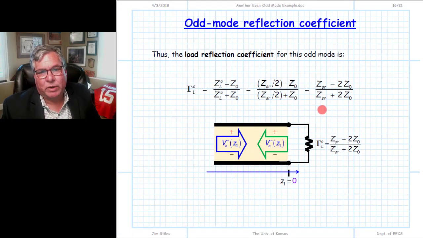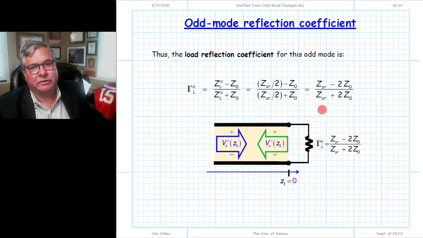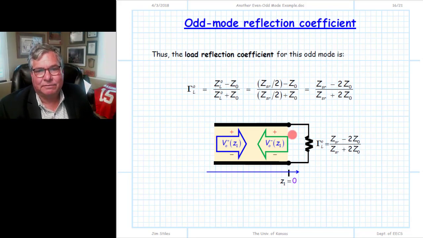So we need to determine the load reflection coefficient for this odd mode case. For the even mode, it was an open circuit, and we knew exactly what that reflection coefficient value was, a value of 1. For this particular case, we need to do a little more algebra, and we find that the load reflection coefficient for the odd mode analysis will be equal to this.